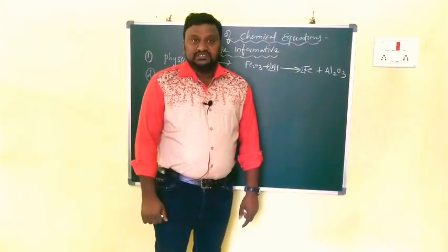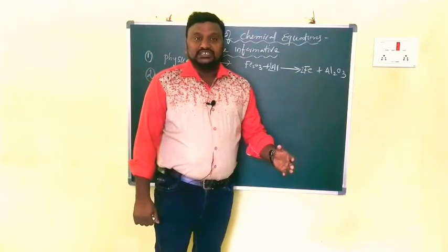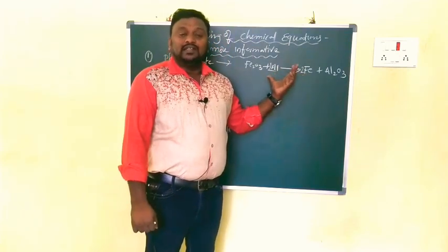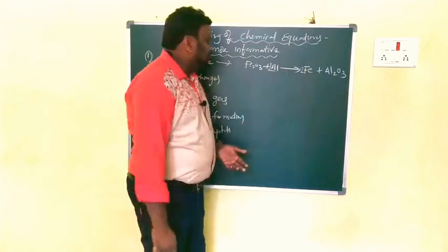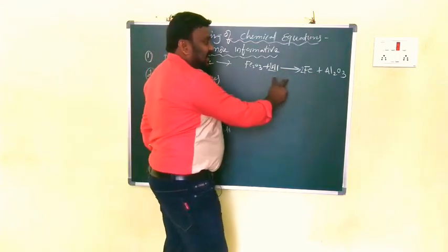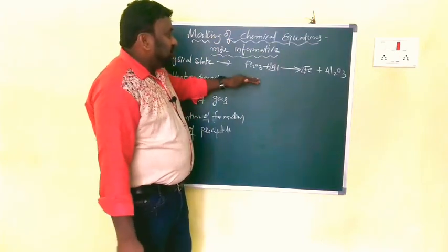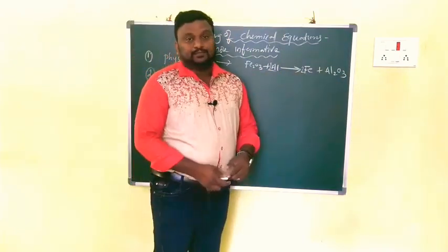After balancing the equation we have to mention the state. Tell me now, which are the reactants and which are the products? These two are the reactants and these two are the products. Clear? So we have to mention the physical state.